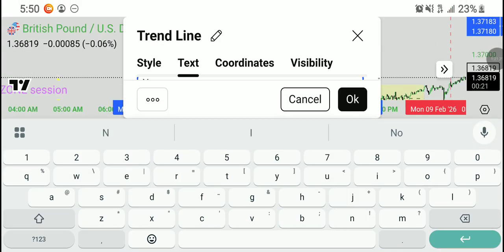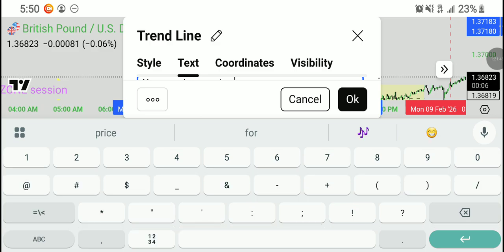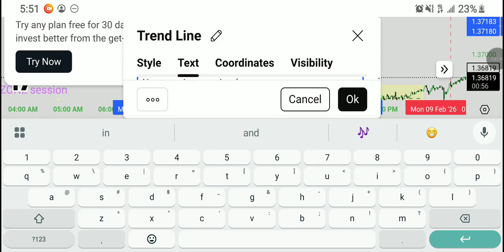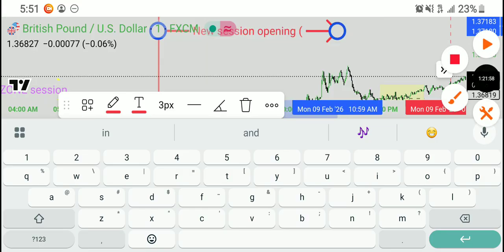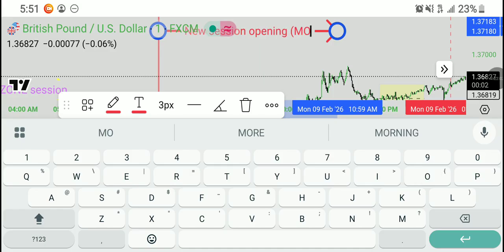New York session open, all morning session.